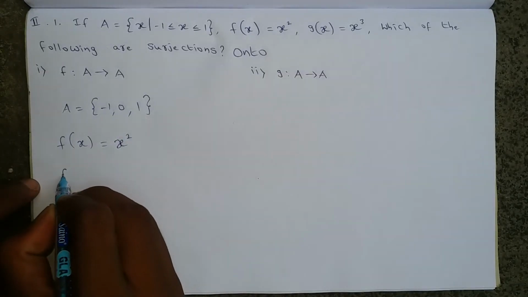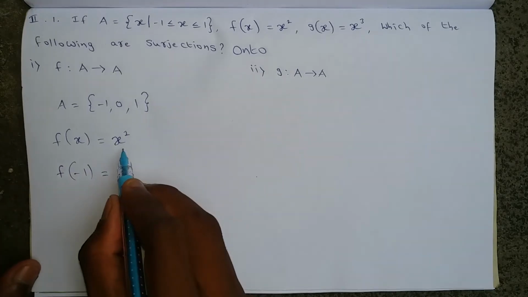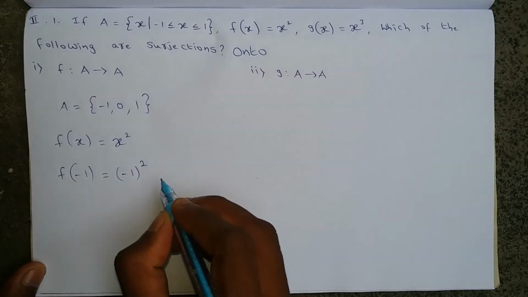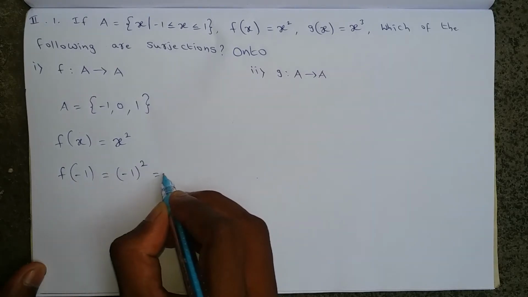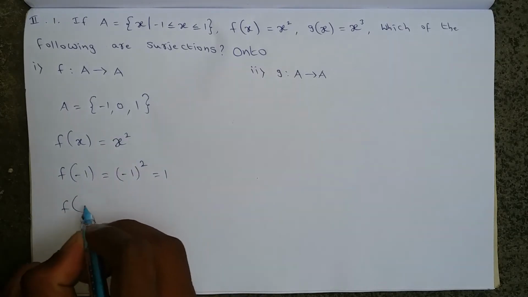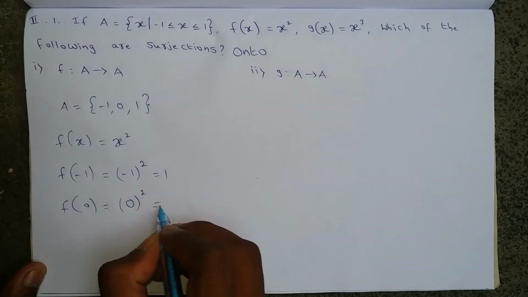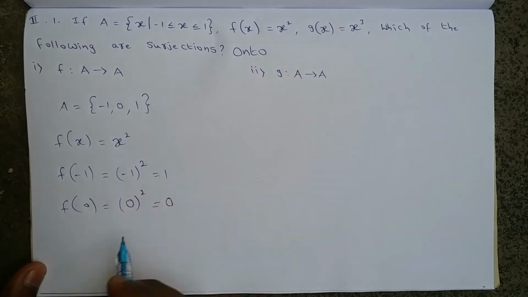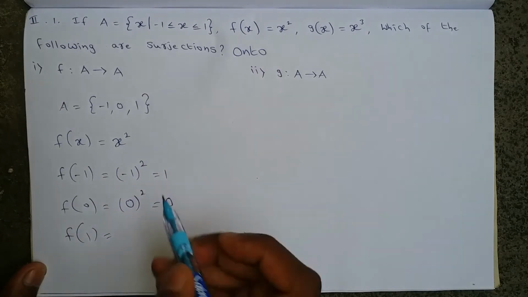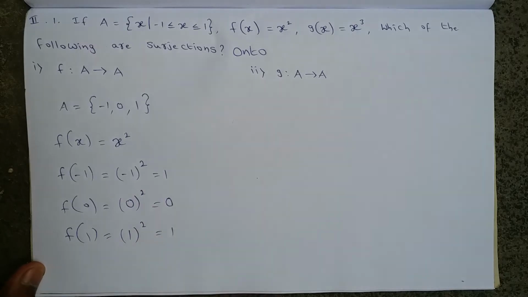So f of minus 1 is equal to, in the place of x, minus 1 whole square, which is plus 1. Next element 0. f of 0, 0 square is nothing but 0. Now third element 1, f of 1, which is equal to, in the place of x, 1. So 1 square, which is equal to 1.